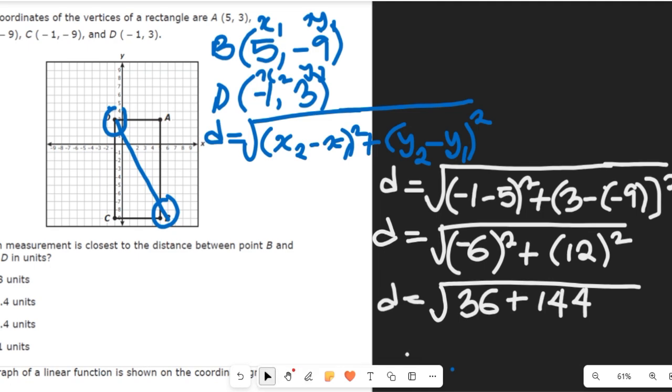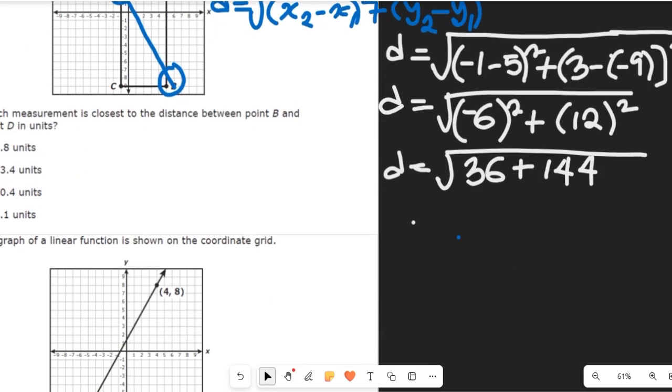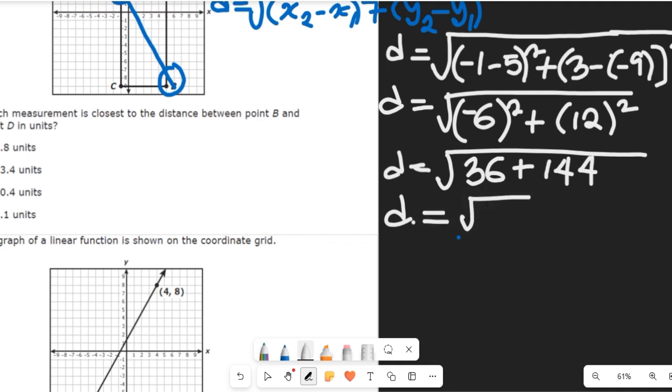So d is the square root of 36 plus 144. 6 plus 4 is 10, write 0, carry 1. 3 plus 4 is 7, plus 1 is 8, and that gives us 180.